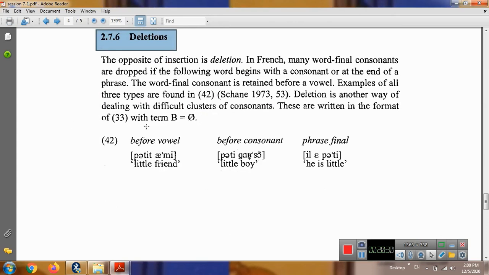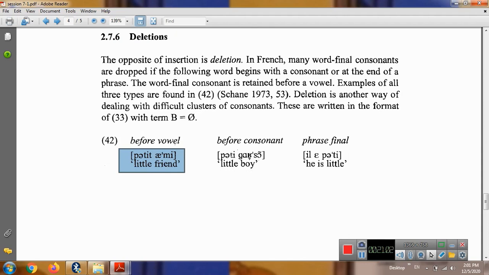Here we can see the French examples. Before the vowel we have petit ami, which has this consonant, petit, and we don't have any deletion. But here, before the consonant, the final consonant is deleted.